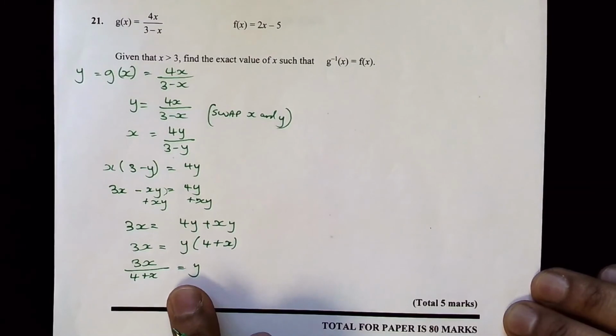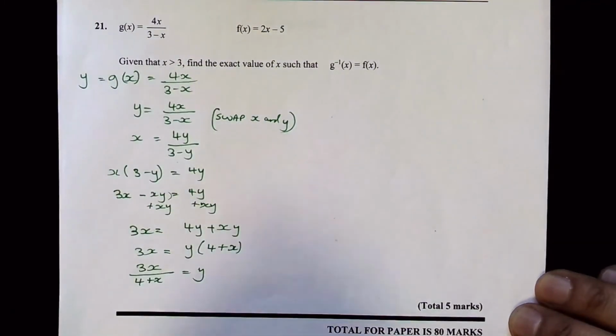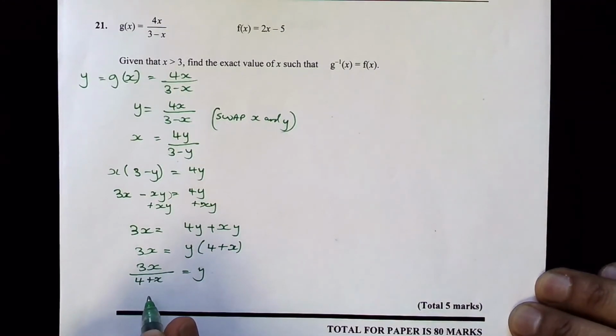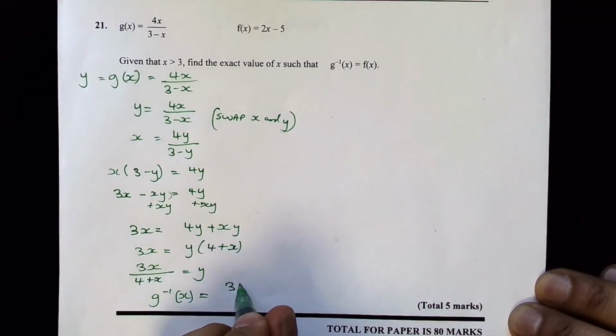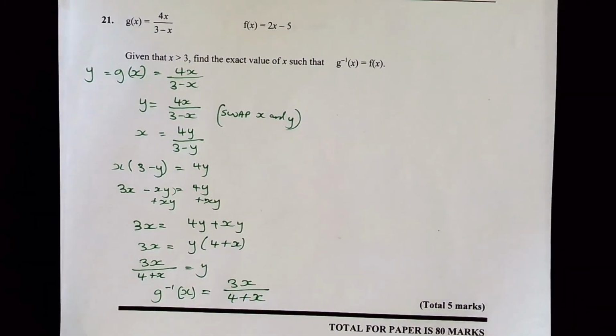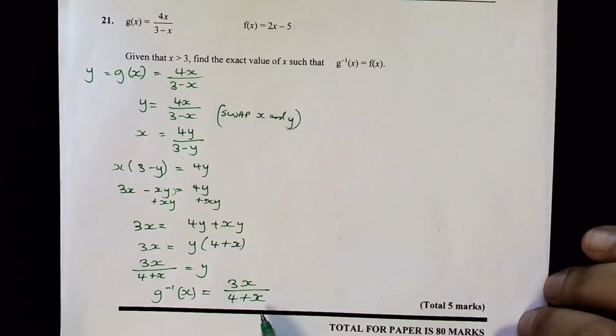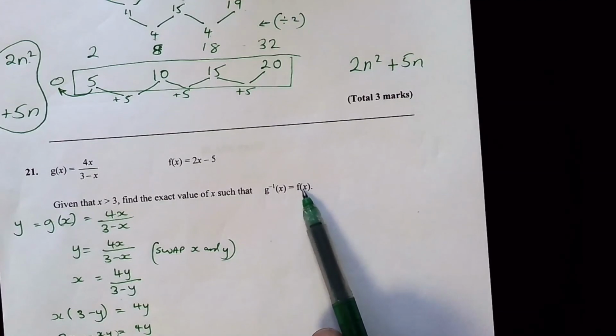And then I can rewrite this using the inverse of g(x). So that gives me g to the minus 1 of x, the inverse function of g(x), is equal to 3x divided by 4 plus x. Next step, I'm told that the inverse function of g and f(x) are both equal.